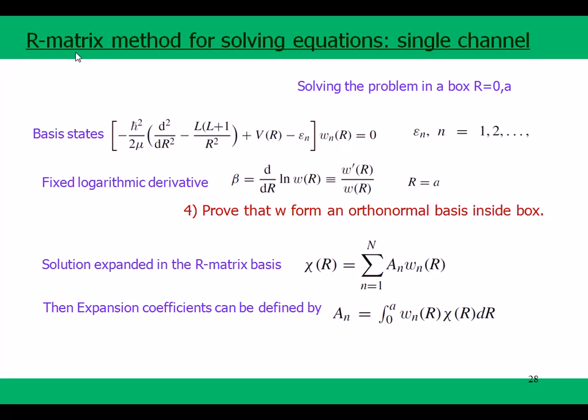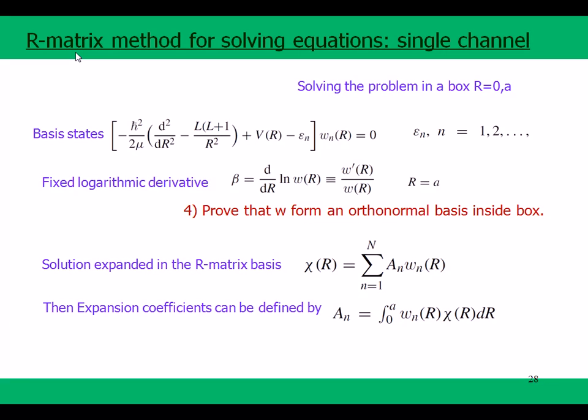And you can prove that, so if you've worked out already all the homeworks, this is another nice analytic derivation. It is proved that if you have a fixed logarithmic derivative at the border of the box, the set w_n is a complete set and can be made orthonormal. In other words, it is orthonormal. So w_n overlapping with w_m is delta_nm.